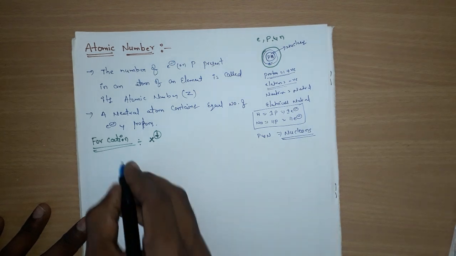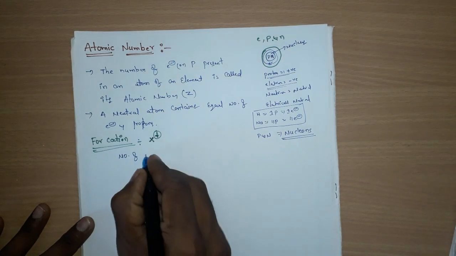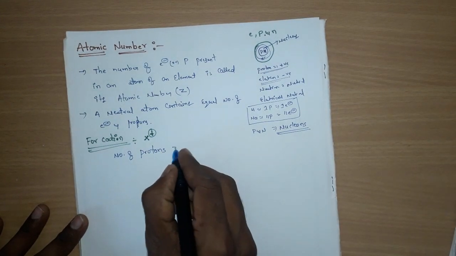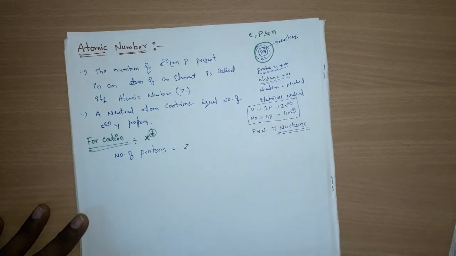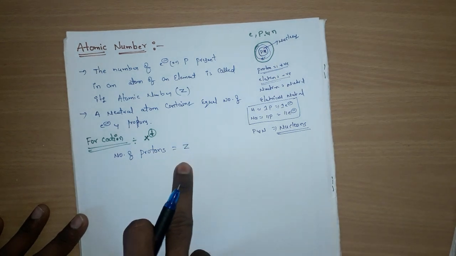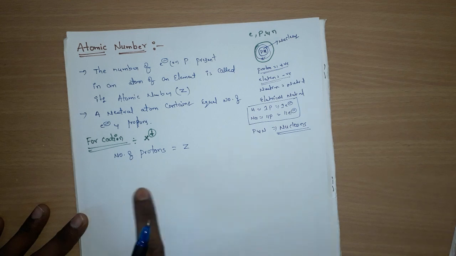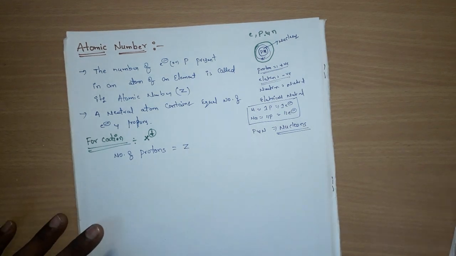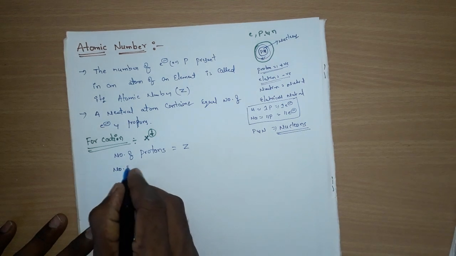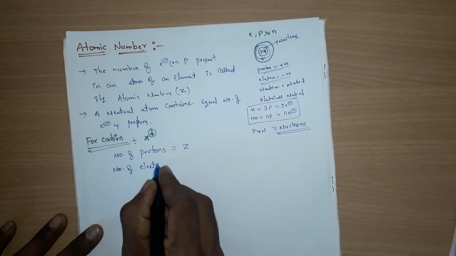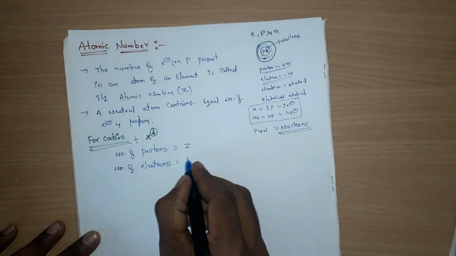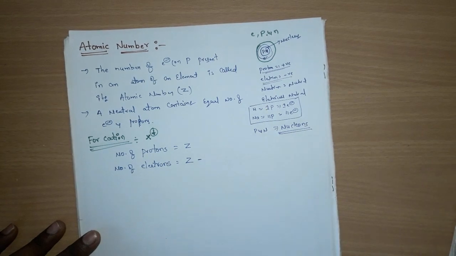For cations, the number of protons is equal to Z. Z is nothing but the atomic number. The number of electrons is equal to atomic number minus the number of electrons lost.